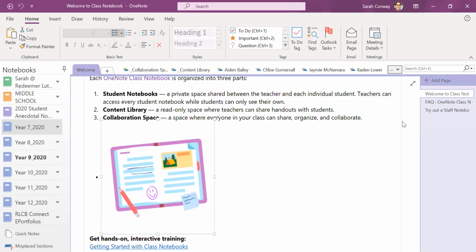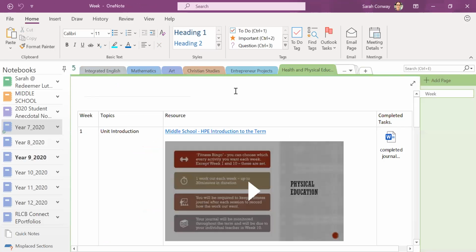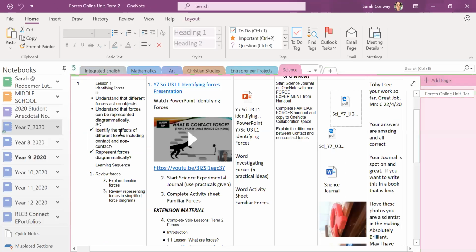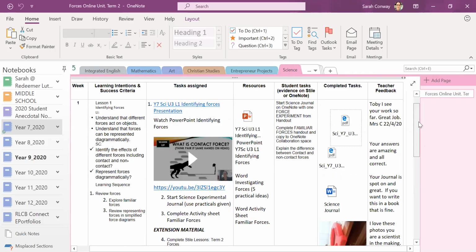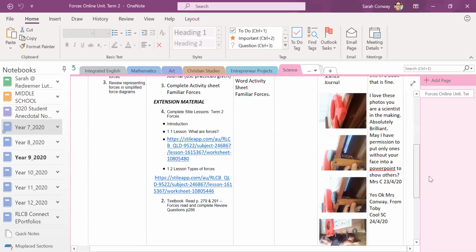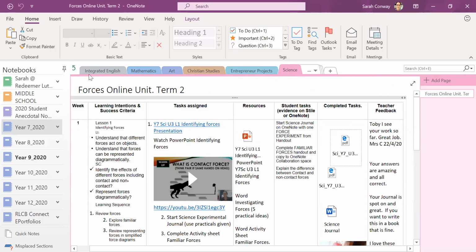Putting in homework, let me do an example. One way of doing it, sorry Toby, I'm going to use yours. Going into Toby's and looking at his science, he's copied and pasted everything from my page. Then he has added in his completed task here. Then he's getting teacher feedback daily on what he is able to do. So he is doing experiments at home and he's logging it in on his OneNote.